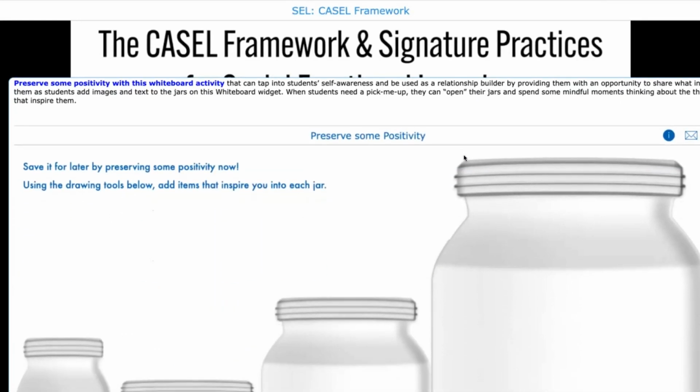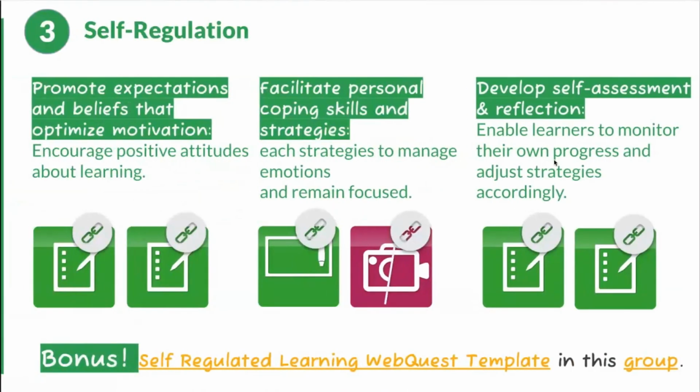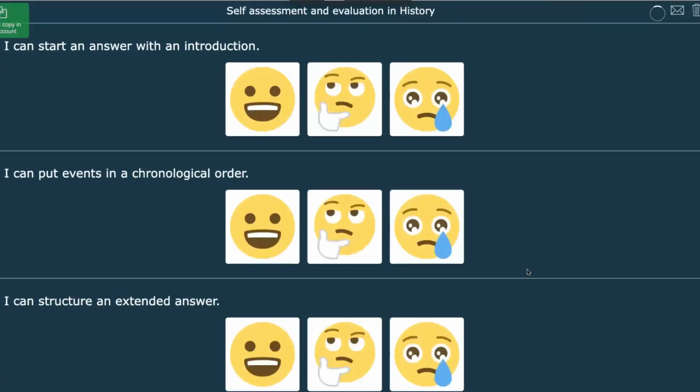So lots of things here, to get them to think through their emotions, understand what's going on, and to build that capacity for remaining focused. And in thinking about developing self-assessment and reflection, you want to enable learners to monitor their own progress and adjust strategies accordingly. So here's that worksheet widget again, and this time we have a self-assessment and evaluation in history.